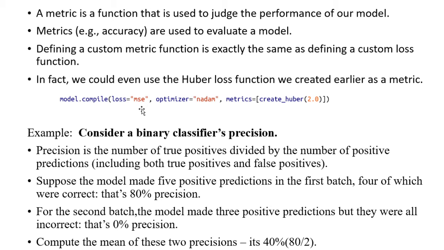And for the second batch, the model has made 3 positive predictions, but they are all incorrect. So the precision here is 0%. Now if you compute the mean of these two precisions, it is 40%. That is, we will take 80% plus 0 divided by 2, which is 40%.